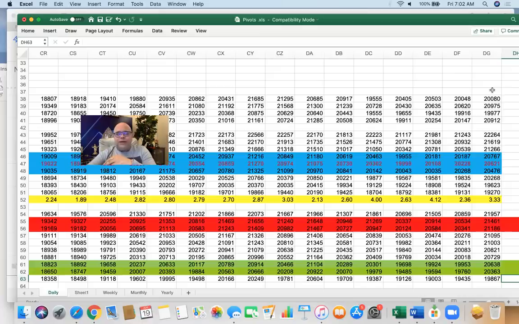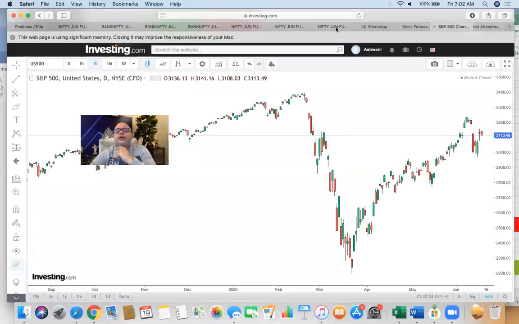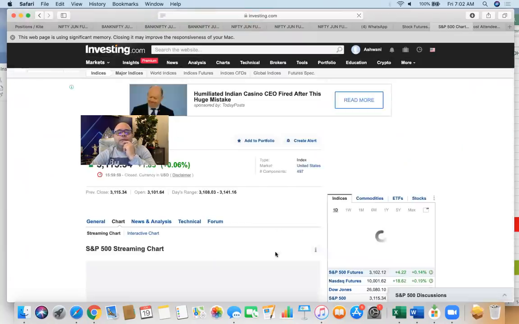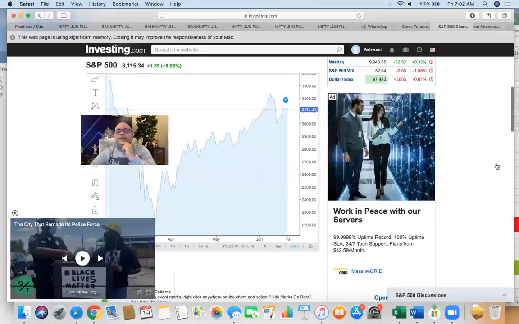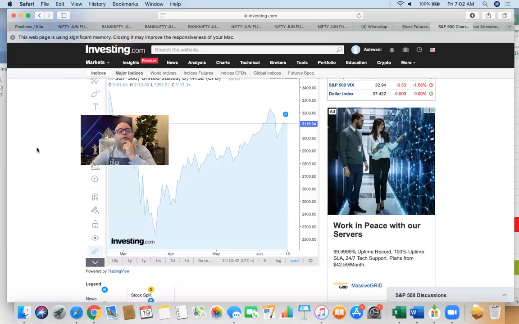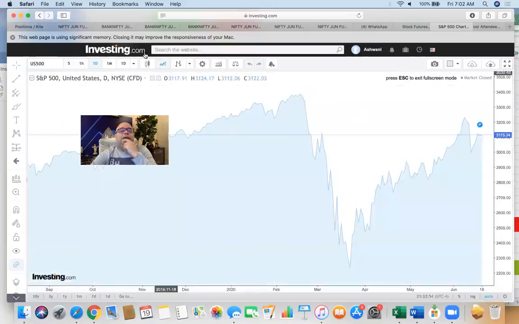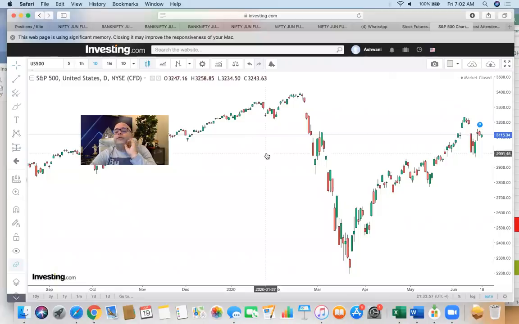Similarly, in the US markets also, S&P 500, let's see if we can see the chart, is showing you great amounts of resilience. And even there, we should have upside happening fairly soon. Okay.